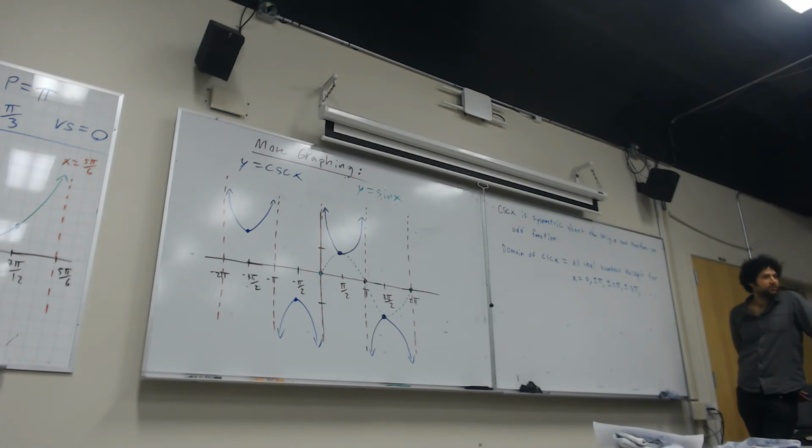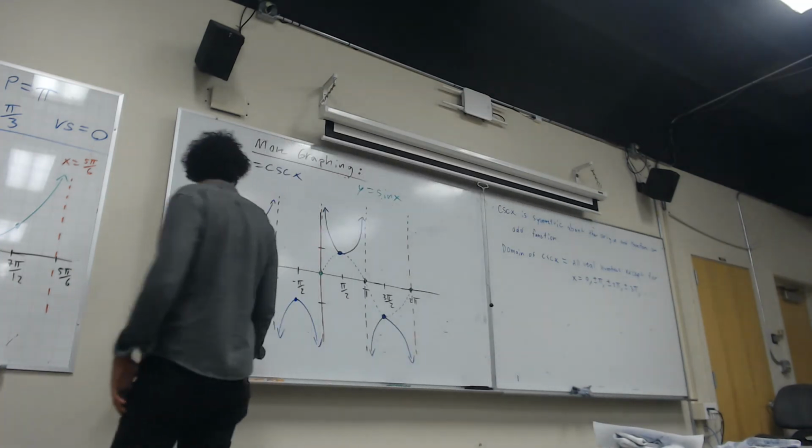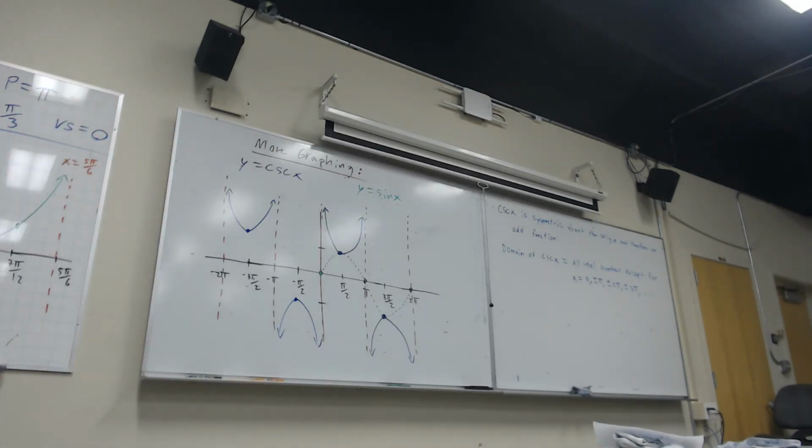Anything else we talked about for other functions? Domain, odd, I think that's it. Is cosecant ever 0? Your range is not zero. In other words, is 0 in the range? Does it have any x-intercepts? Does the graph of cosecant have any x-intercepts? Because so far sine, cosine, tangent, cotangent, they had x-intercepts.